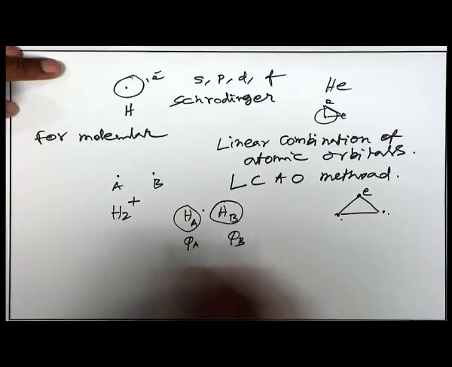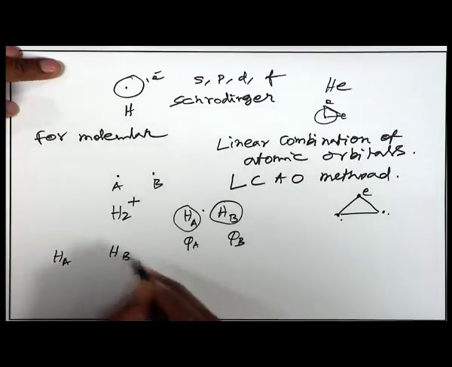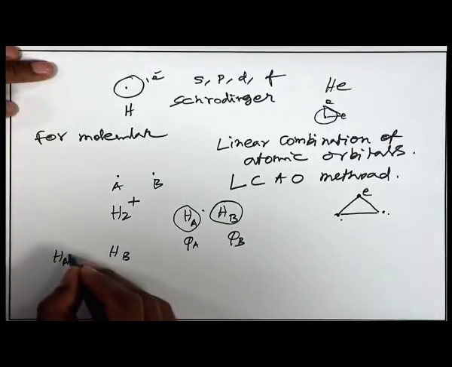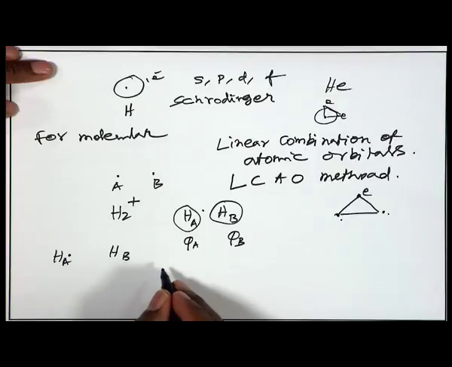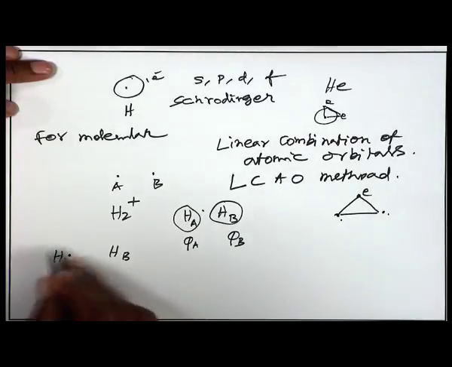You have hydrogen atom A and hydrogen atom B, and there is 1 electron. That electron at any time can be closer to this hydrogen atom. Then you can describe the electron, or the whole molecule, by using the wave function of this hydrogen atom.